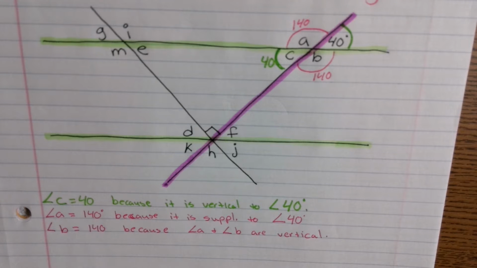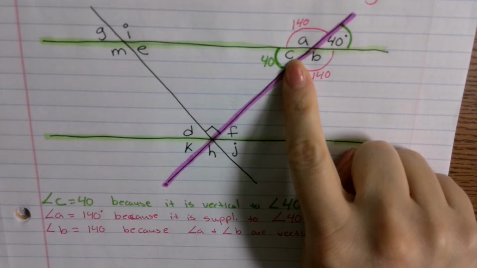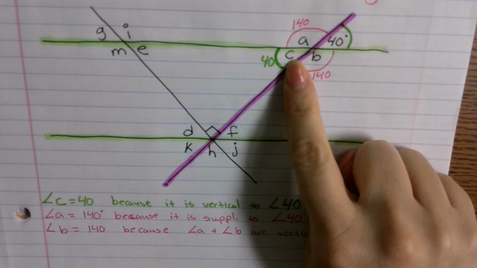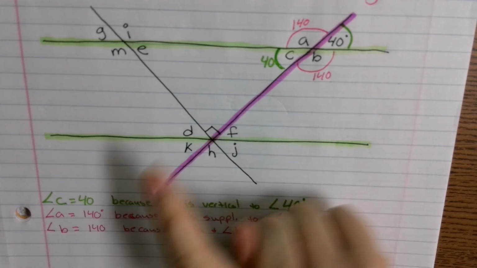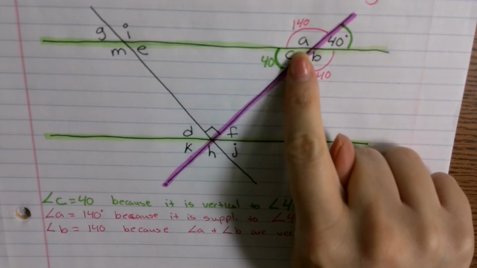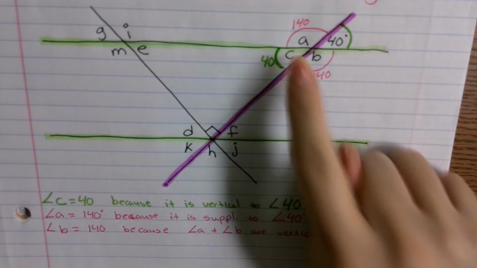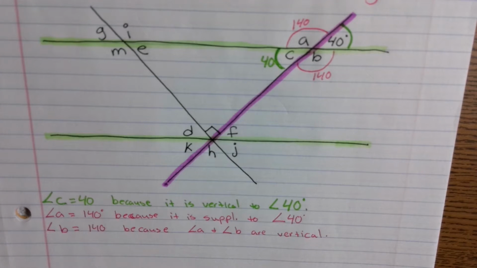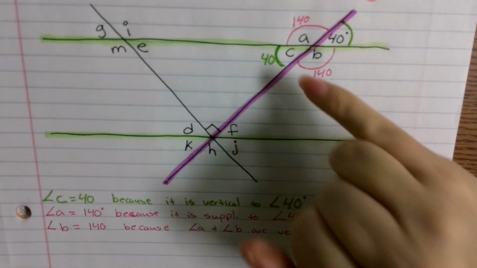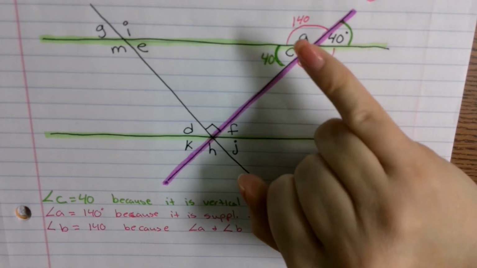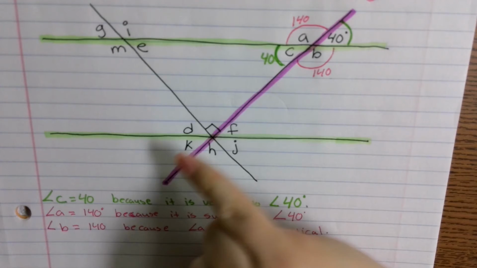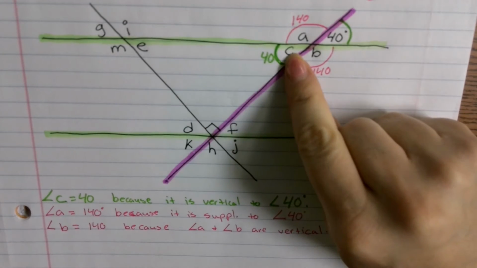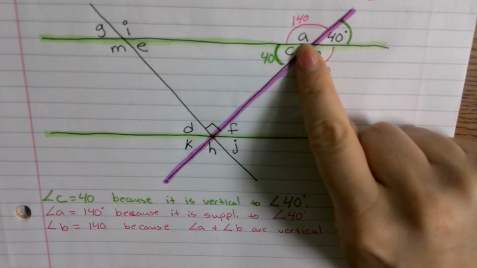So let's start with like C. What angle down here is going to correspond to angle C? Which angle is going to correspond to angle C? K. Okay, they are in the exact same position.